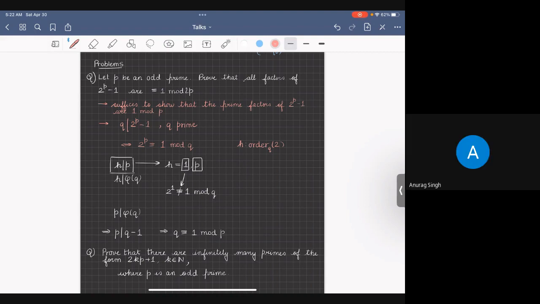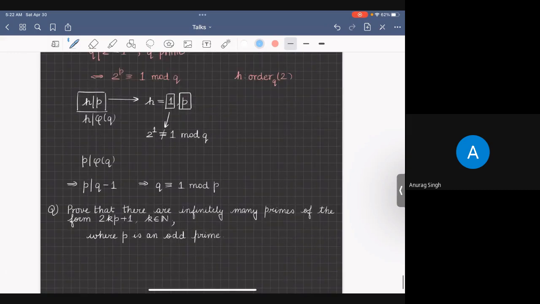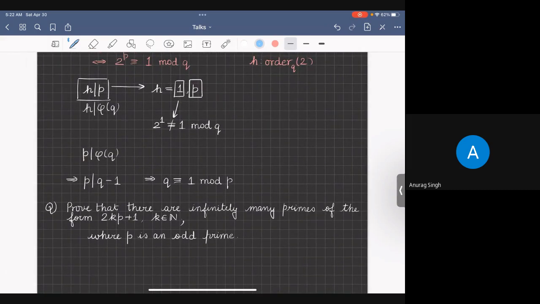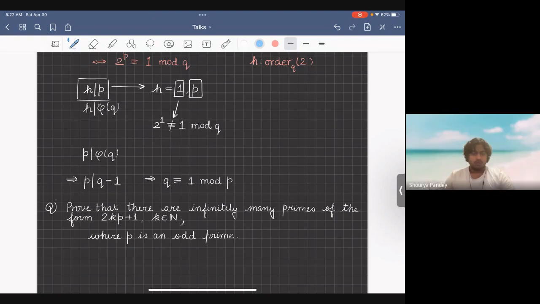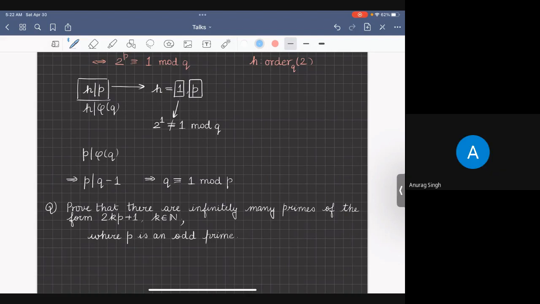Let m be equal to 2kp plus 1. So m minus 1 is divisible by 2kp, which implies that m is congruent to 1 mod p.